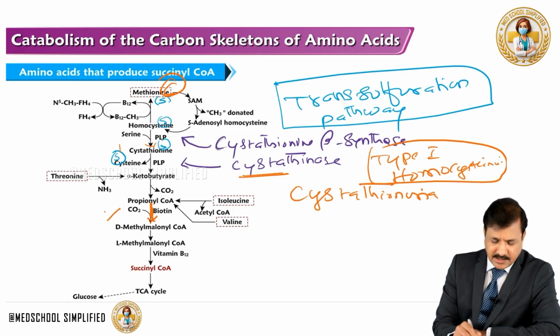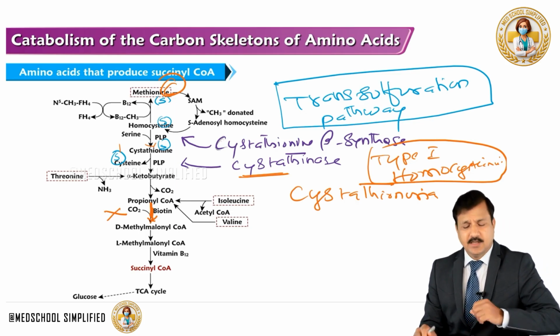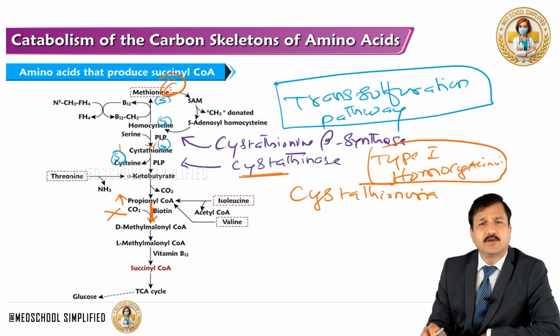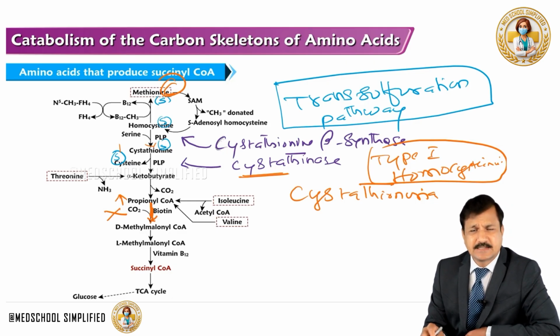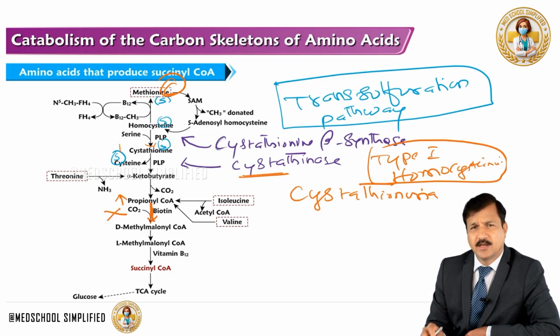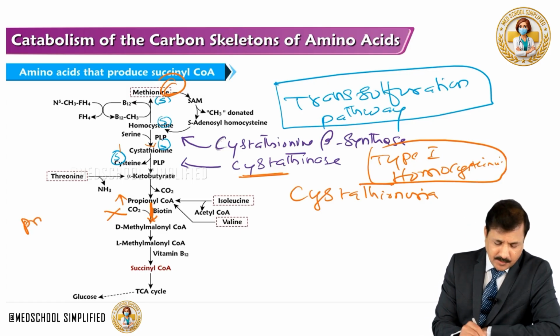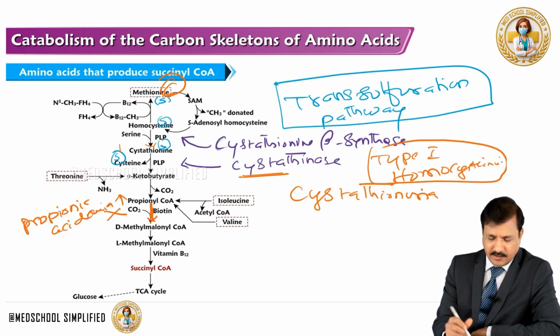Deficiency or defect in this reaction leads to elevation of propionyl-CoA, and that will lead to elevation of propionic acid in the blood and appearing in the urine. That causes propionic acidemia. That's the disease.